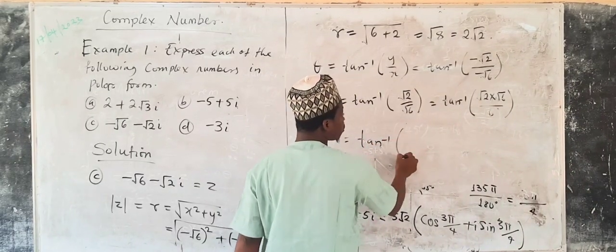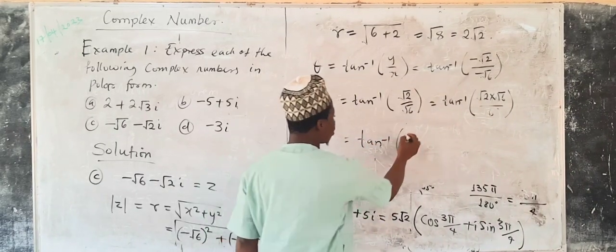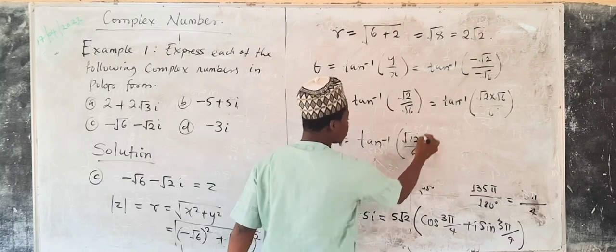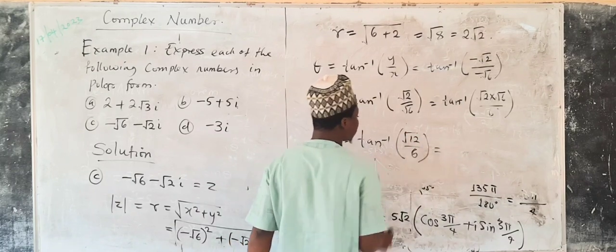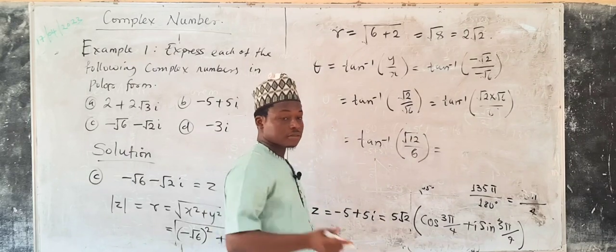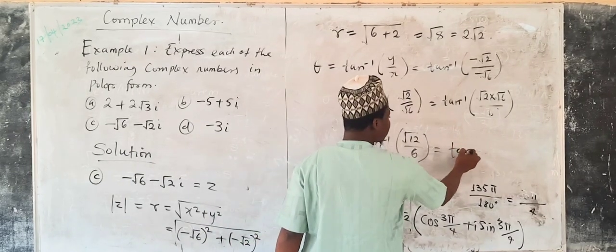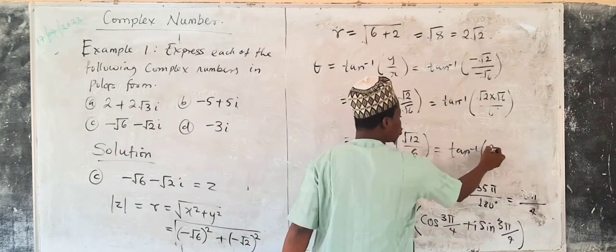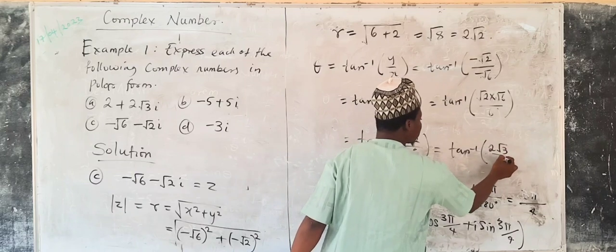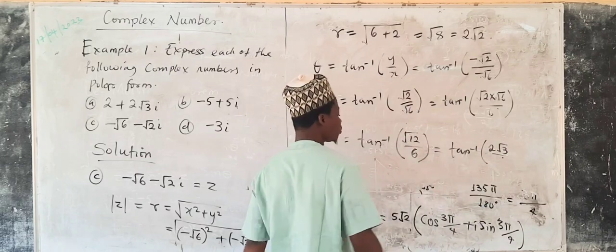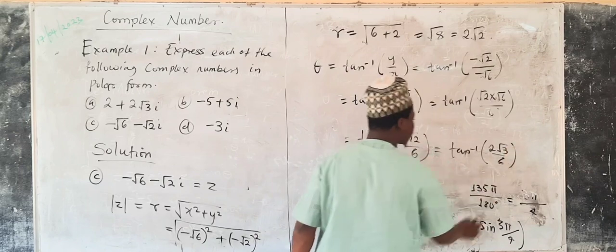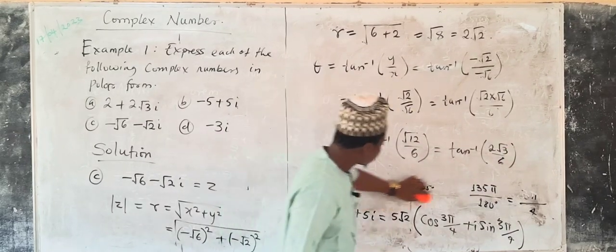Tan inverse of what? Root 12 over 6. That's 2 root 3, right? Tan inverse of 2 root 3 over 6. That is root 3 over 3.